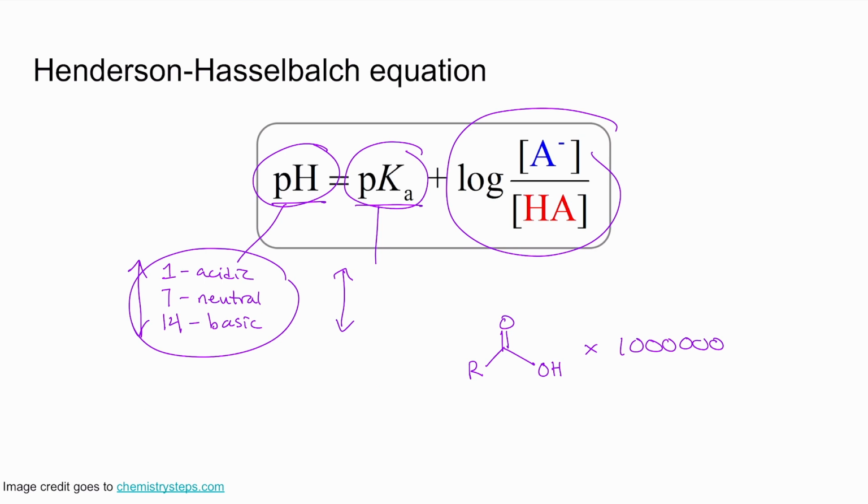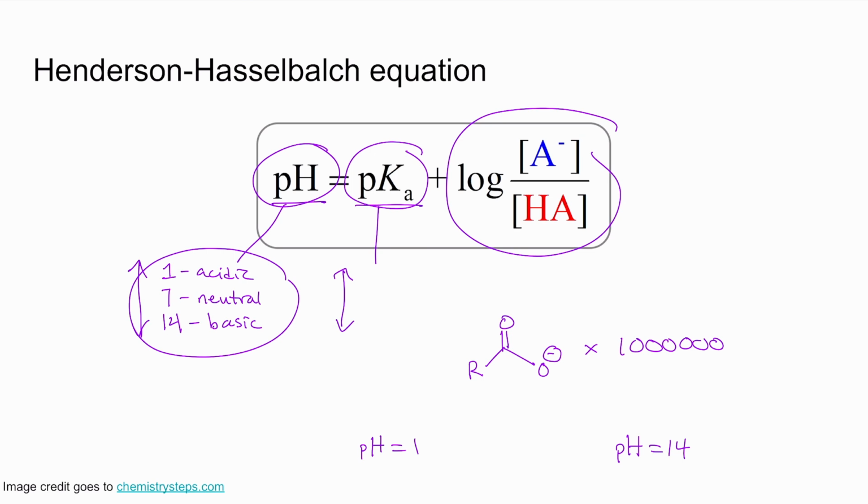Now, in a pH of, let's say, 1, the carboxylic acid is going to be mostly protonated. So it's going to have this H right here. But if these millions of carboxylic acids were in a basic solution, then there would be way more of the deprotonated version than the protonated one.